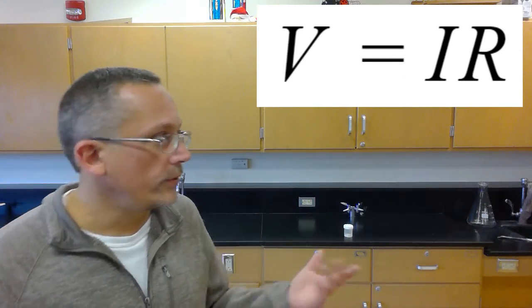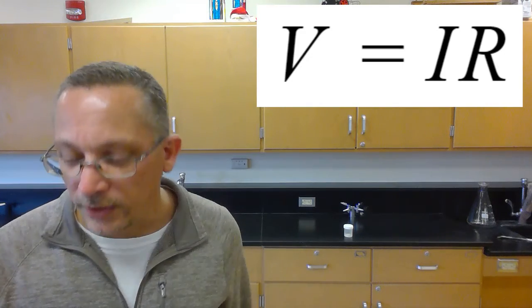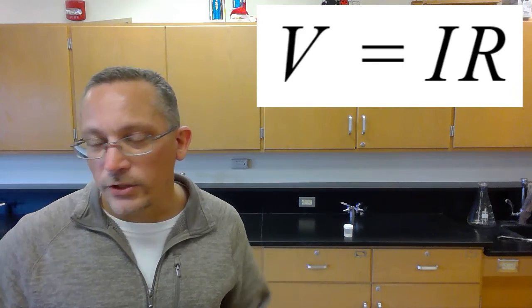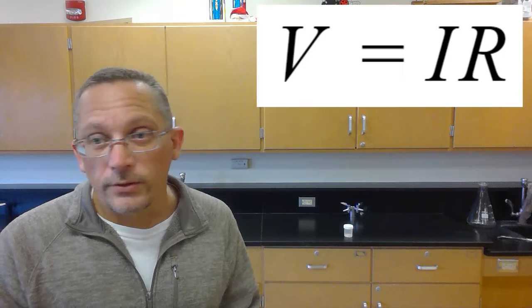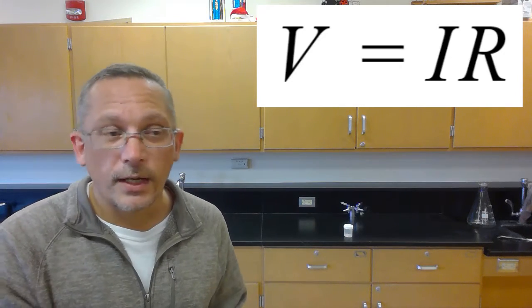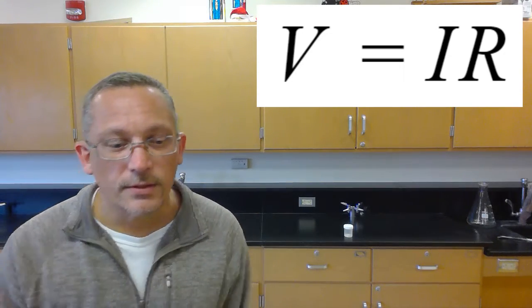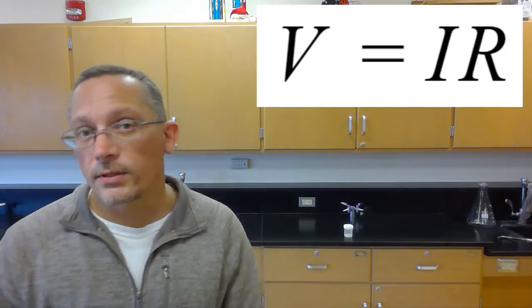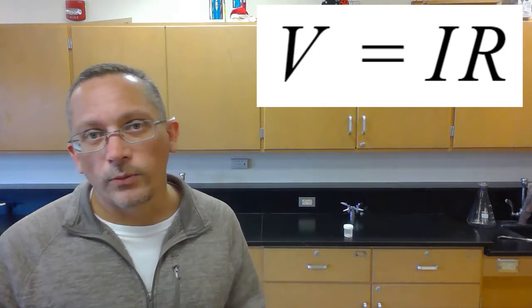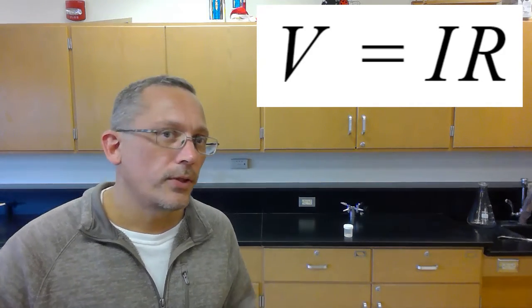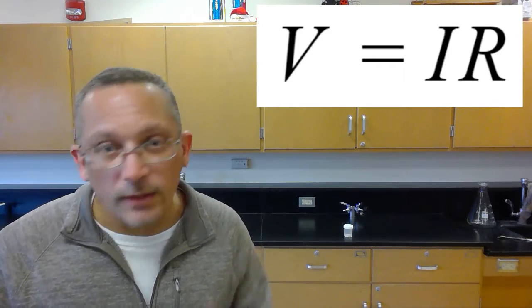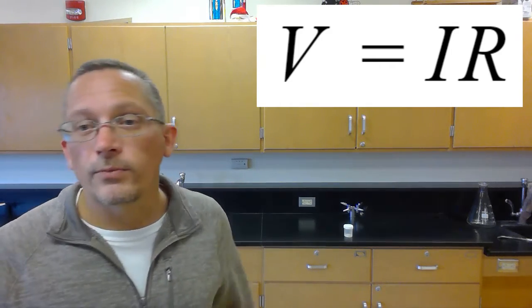And we can use this if we know two of them to solve for the third one. We can easily go and measure in a circuit the voltage using a voltmeter, the current using an ammeter, and then calculate the resistance. Or if we happen to know the resistance of something, then we can predict what will be the current in a circuit if we know the voltage. So let's go ahead and look at an example of using Ohm's Law to solve some kind of problems.